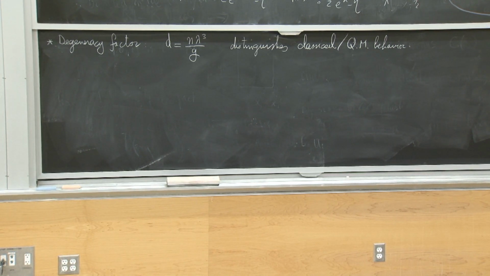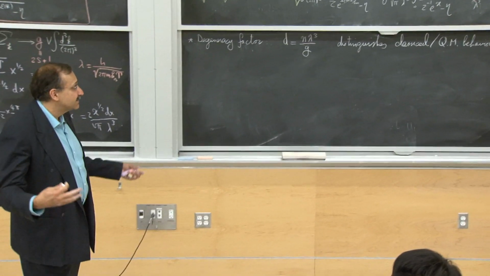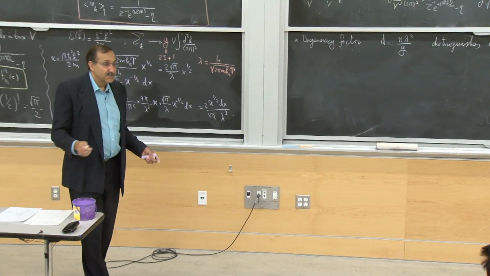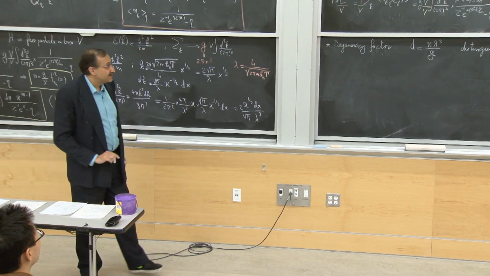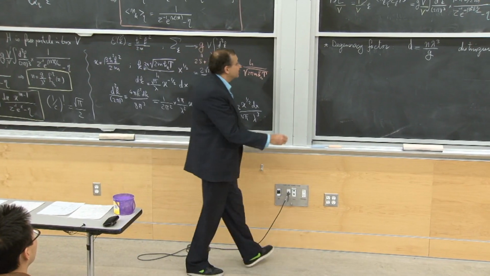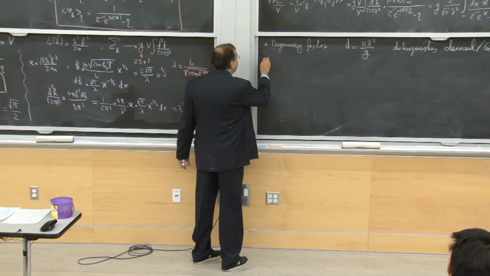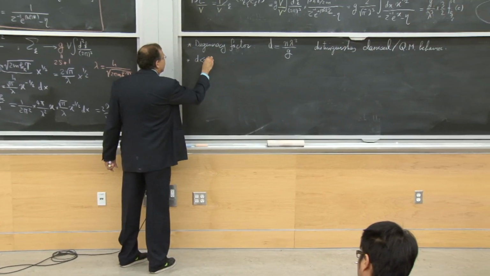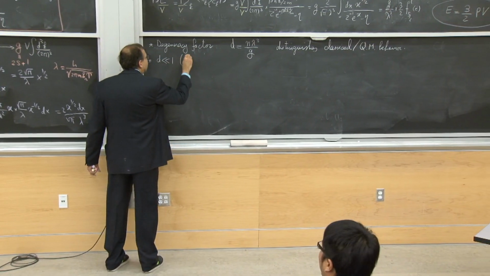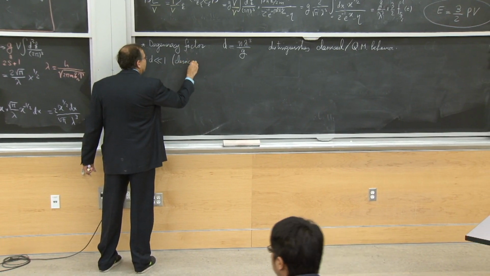That's what we've been kind of saying from the very first lecture, that low density gas has this ideal behavior where PV is nkT. And therefore, let's focus on the limit where d is much less than 1, which is classical.